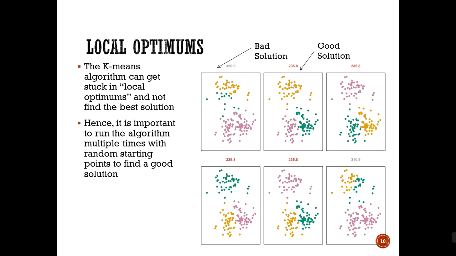It looks like we get 3 different solutions, but actually they are the same, only the color is different. The coloring is arbitrary. So these 4 panels give us the good solution. But the top left and the bottom right are again bad solutions.